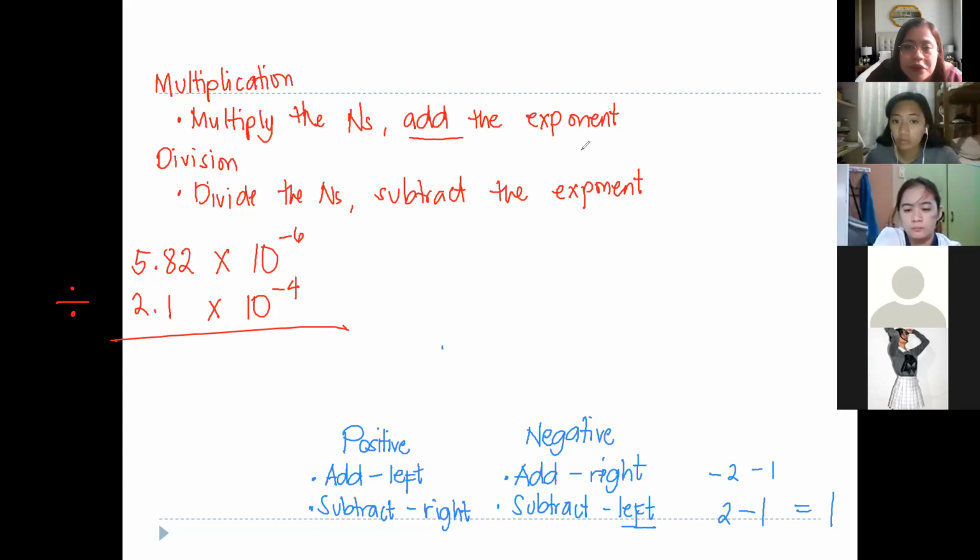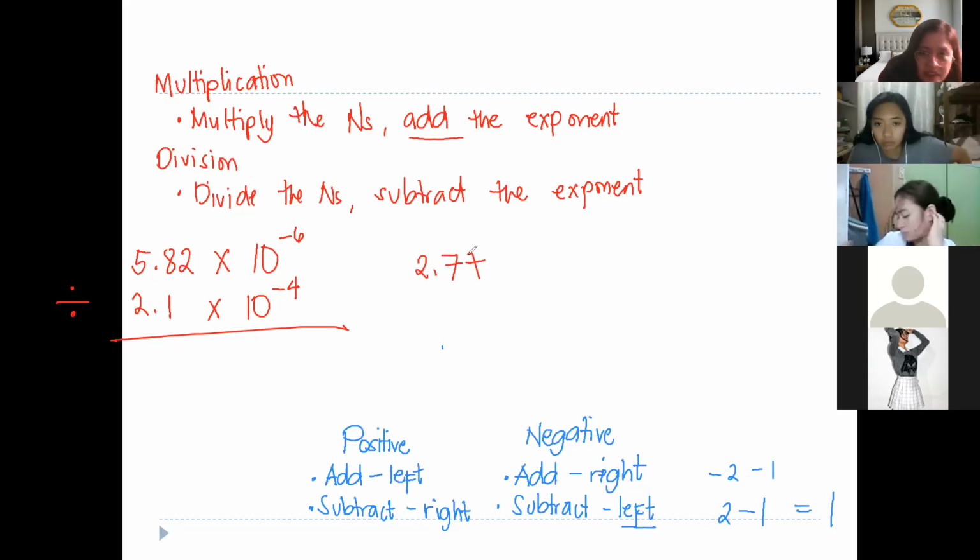Okay, what are we going to do? Let's divide the two ends. So you can use your simple calculator or your scientific calculator. 5.82 divided by 2.1. Let me write here sa side na lang so that we can see if we need to move later the exponent. 2.77. Okay. 2 decimals na lang kasi medyo mahaba. 2.77142857.